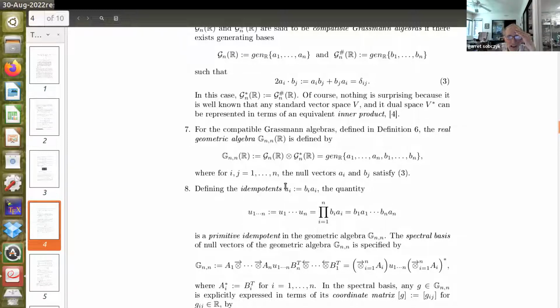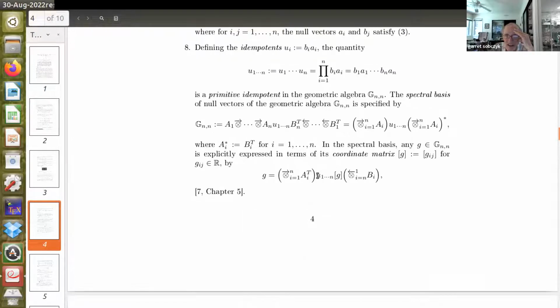Okay, yeah, right here. Ui is Bi times Ai. So just like with U1, it is just B1 times A1. Now that's the same thing as I wrote as B times A. That's an idempotent. Now, if you look at U1 times U2 in this case, you'll find that they commute with each other.